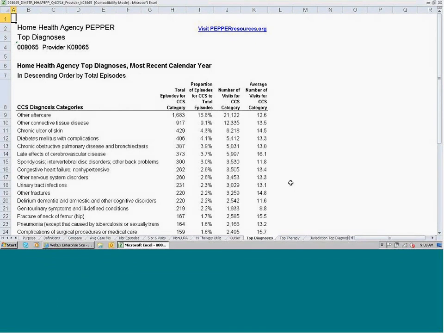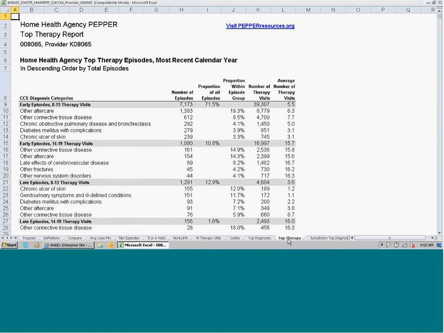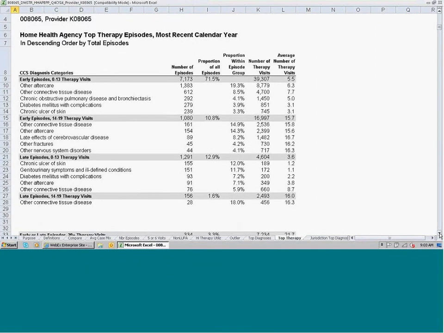We have a second report that summarizes for your agency the top therapy episodes for the most recent calendar year. And so we place those into 5 buckets.